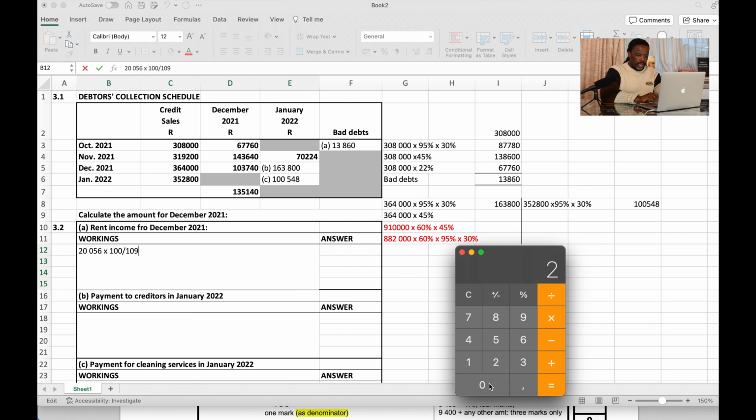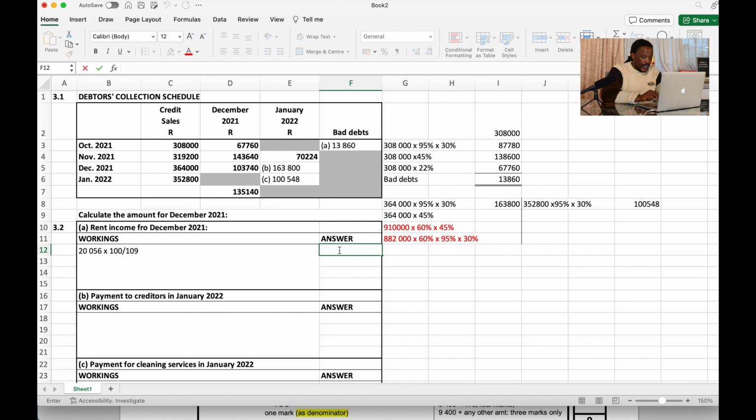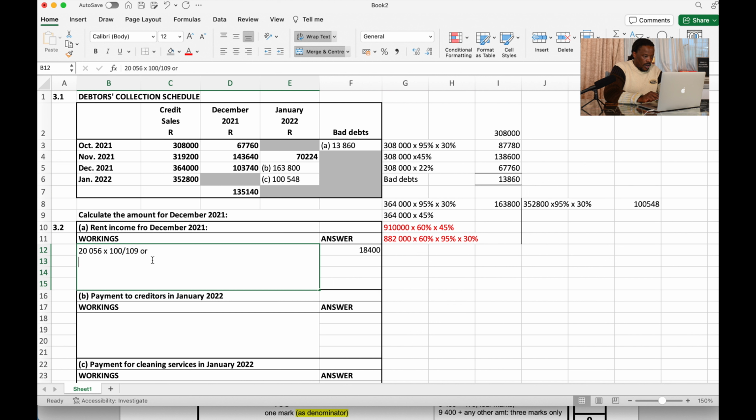So it's gonna be 20056 multiplied by 100 divided by 109, and then you will get that amount of 18,400. There are other methods that you can use to get this 18,400. It's just that I wanted to go straight. Or you can say or. When you say or, what you do is you say 20056 multiplied by 9 divided by 109, and then still you will get that deduction.